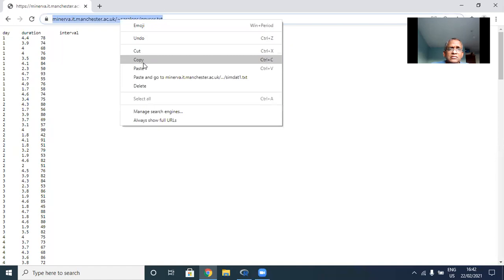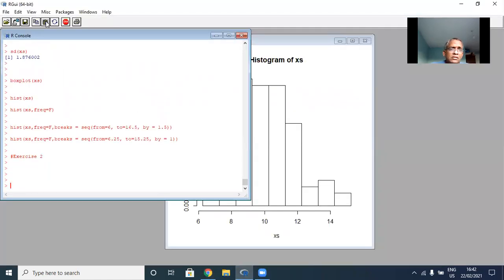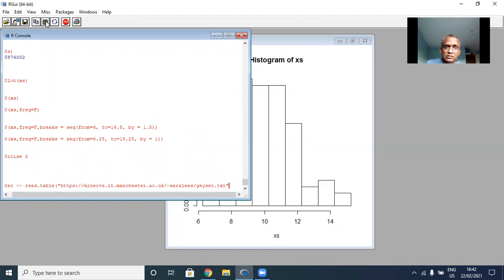So let me copy this, paste this. So I'm going to read it. I'm going to call this data geyser, G-E-Y-S-E-R, read.table in quotes, left quote, right quote, header equal to true.